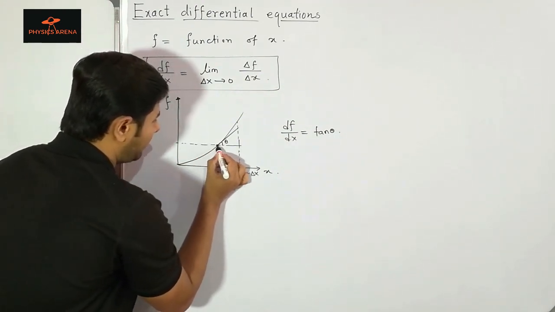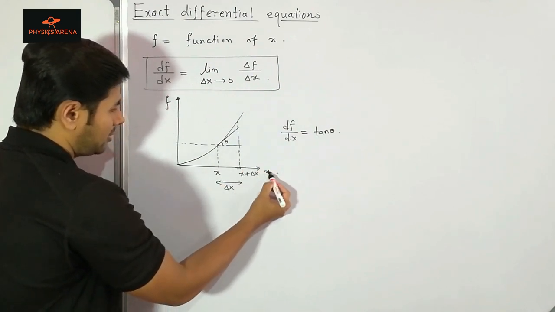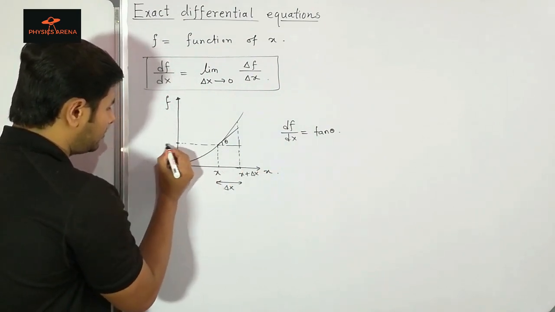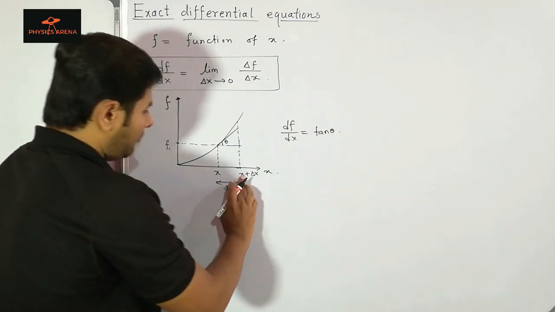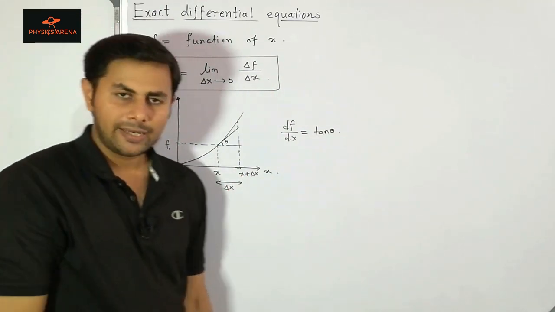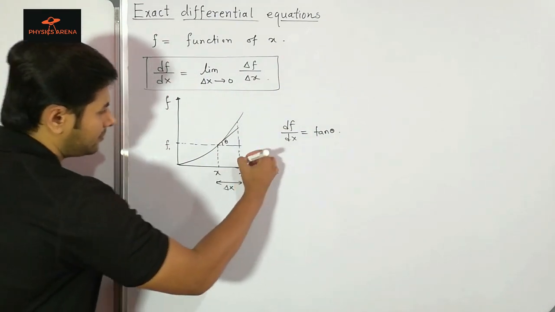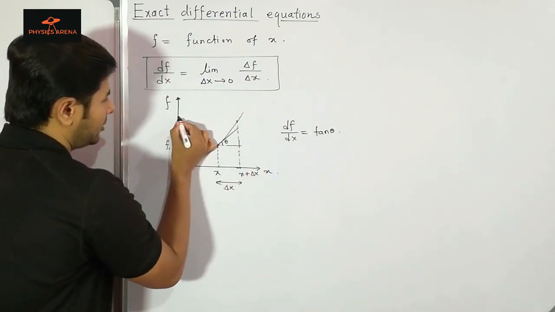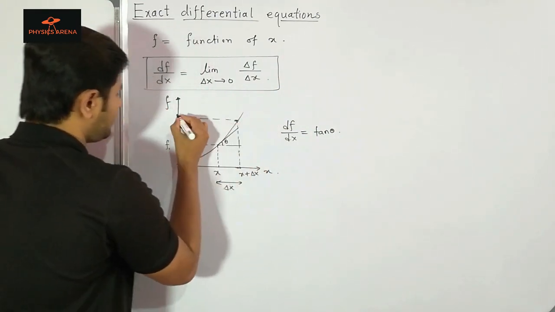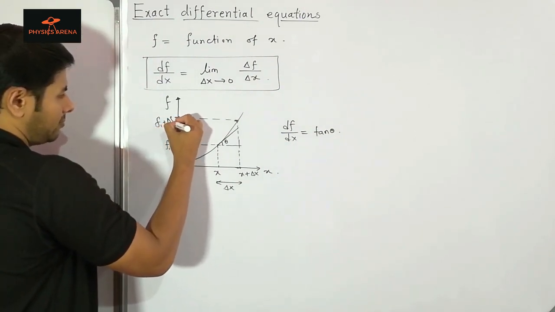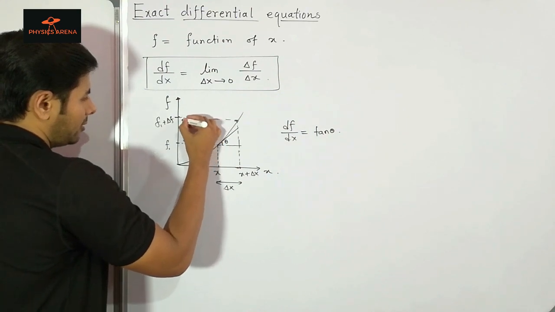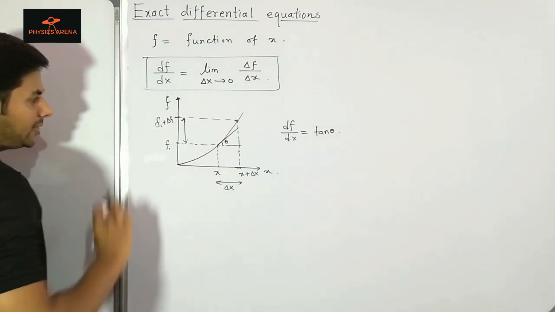The value of f when x is this much, let's say f1, and when x is x plus delta x, the value of f is this much. So this is f1 plus delta f. This is the actual change in f.